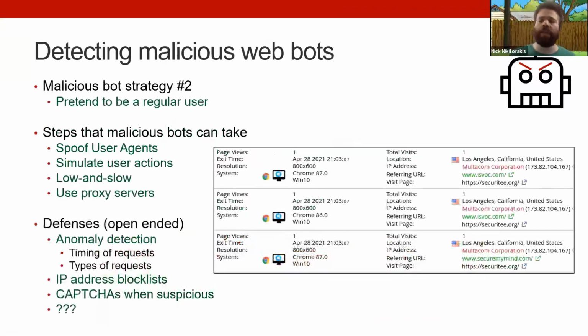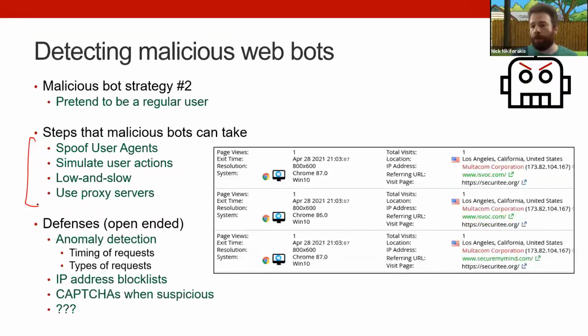The second strategy is a little bit more complicated, right? So here you have a malicious bot that is pretending to be a regular user, right? So again, the bot now, instead of changing the user agent of its program to Bing bot, will say that it is the latest version of Mozilla Firefox or the latest version of Brave, right? So effectively, the attackers have a number of things available to them, all of them controlled at the client side, right? So they can spoof user agents to be whatever they want it to be.